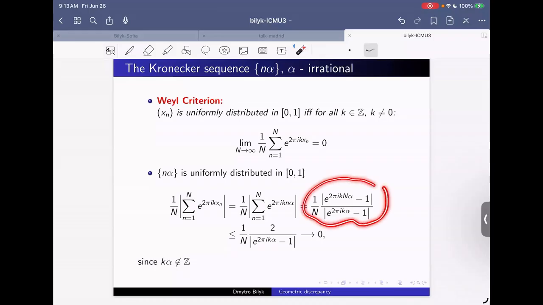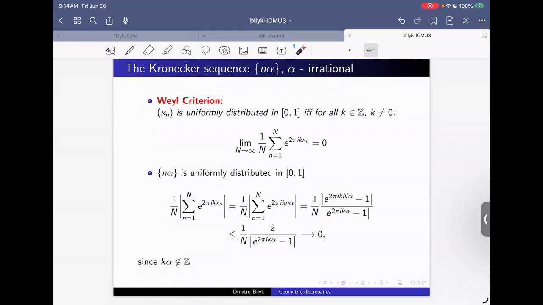This is what you get. And then, okay, this you can just bound by 2. Okay, this is modulus 1, modulus 1. Okay, and this is just some fixed number independent of n. Okay, so the whole thing is bounded by a constant over n, and as n goes to infinity, this goes to 0, so the Weyl criterion applies, and we see that this sequence is uniformly distributed.